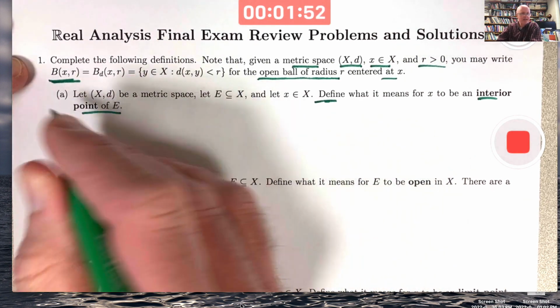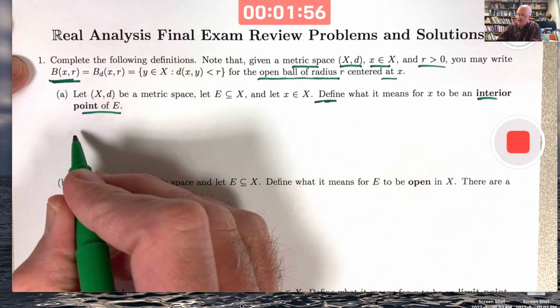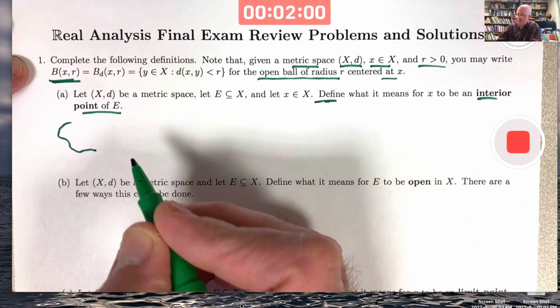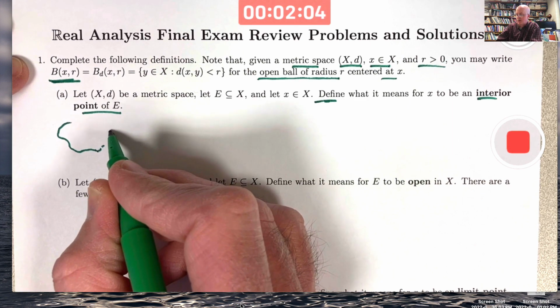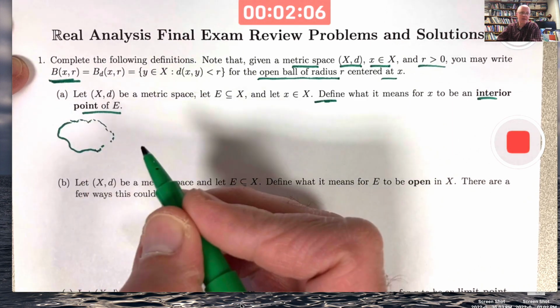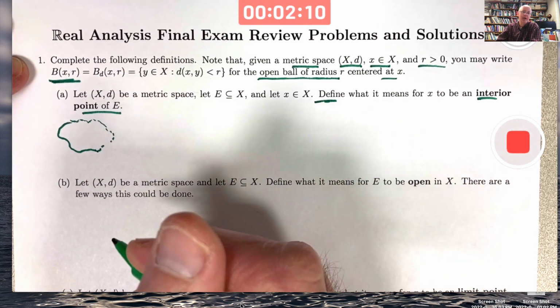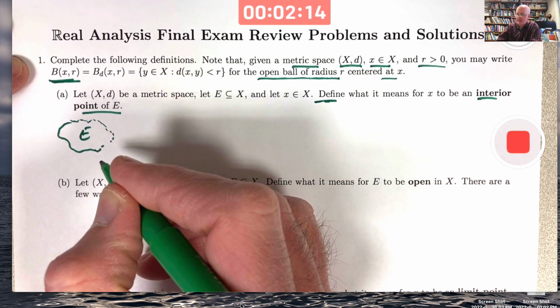We can imagine the plane being the metric space that we're talking about. We can imagine the set E as maybe being some sort of blob in the plane. Maybe it contains its boundary, maybe it doesn't, or maybe it contains part of its boundary and not another part. We're wondering what it means for a point x to be an interior point of this set E.